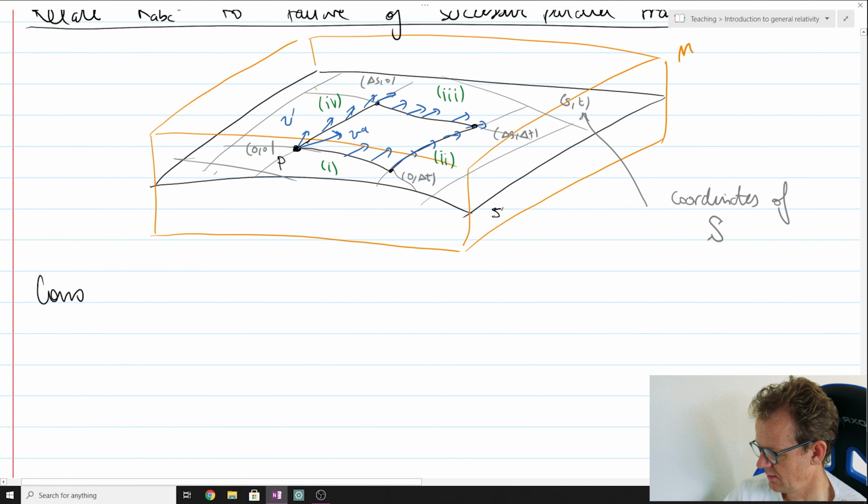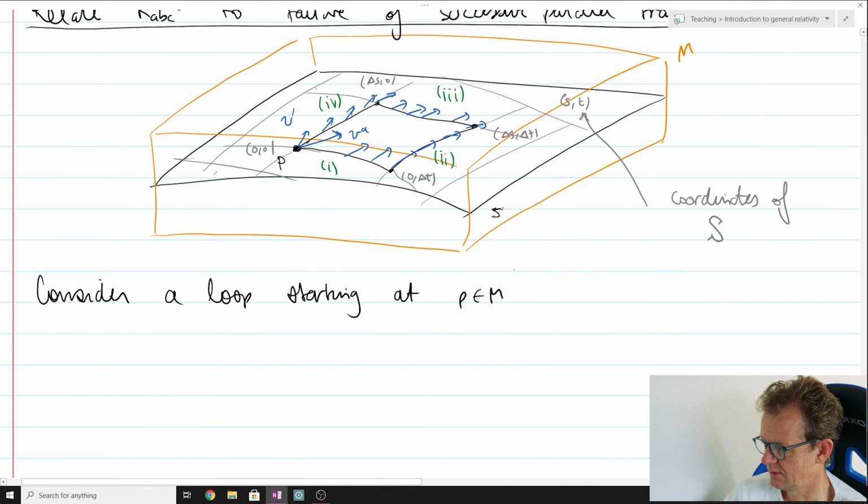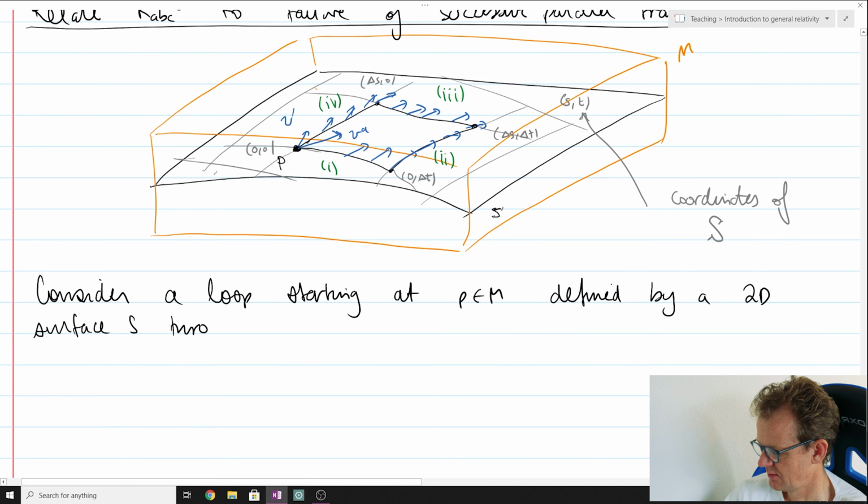So in slightly more precise words and equations, we consider a loop starting at some point P in the manifold, and this loop is defined by a two-dimensional surface S through P. And so we can choose some coordinates that we like for S. Let's just call our coordinate system s, t.